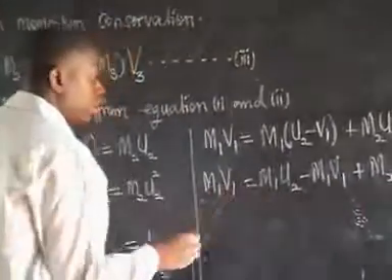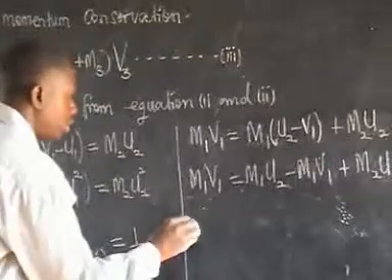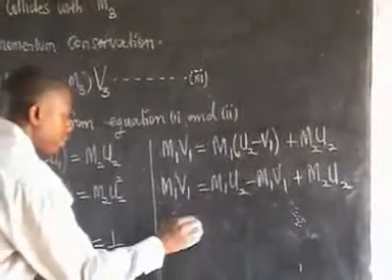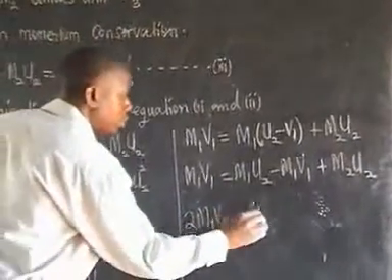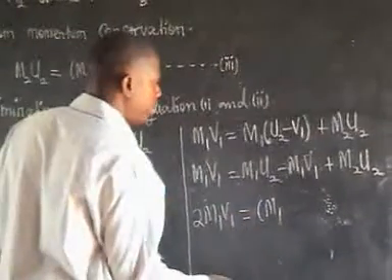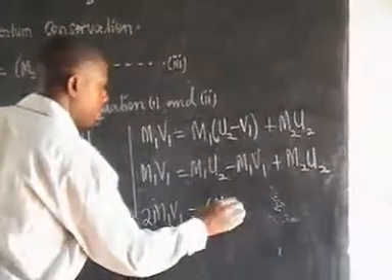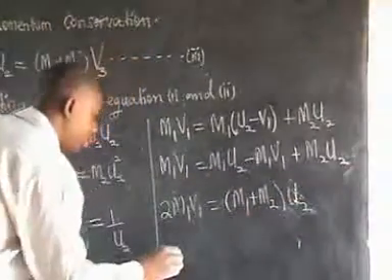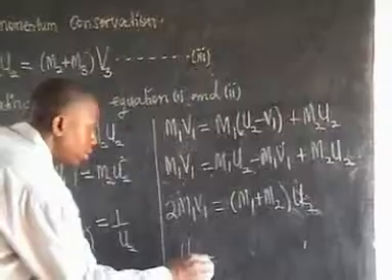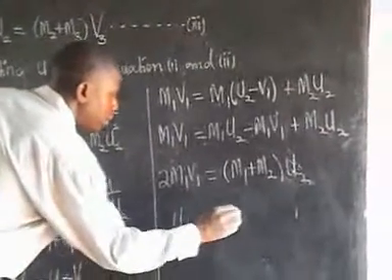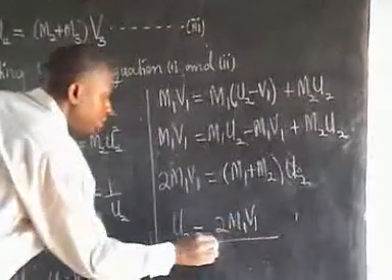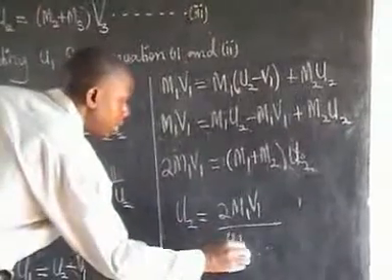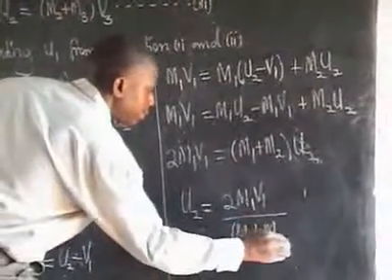So bring this side, so we shall get twice M1 V1 being equal to M1 plus M2 into U2. So you get your U2 is equal to 2 M1 V1 over M1 plus M2.